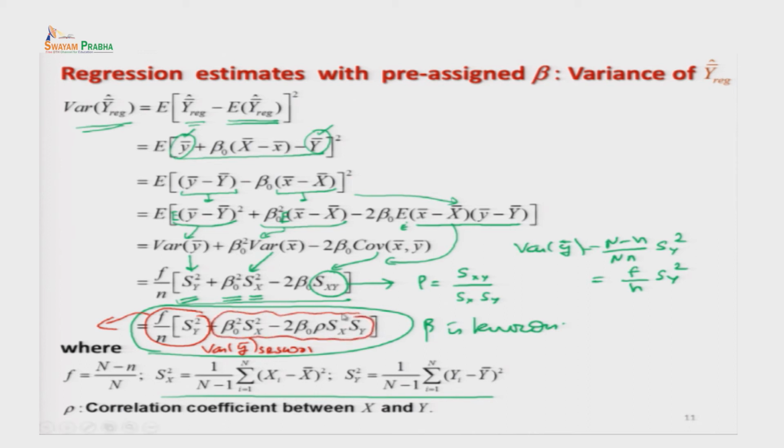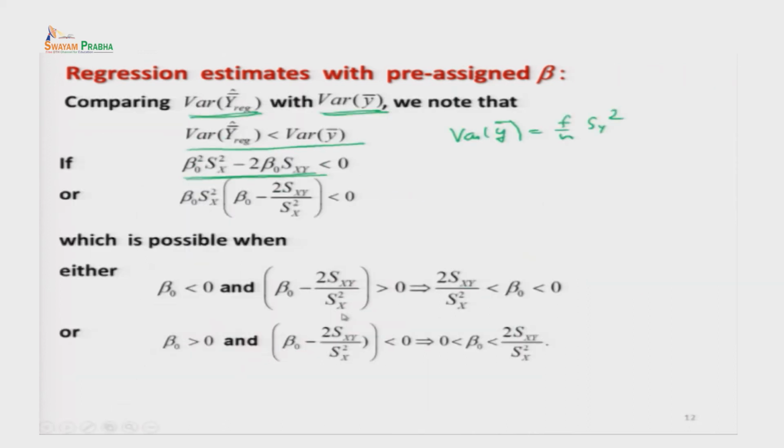So this is the same quantity. You simply have to check the positivity or negativity of this factor, of this inequality. So now you can write this equation like this: beta 0 into Sx square, and inside the parenthesis beta 0 minus twice of Sxy upon Sx square.